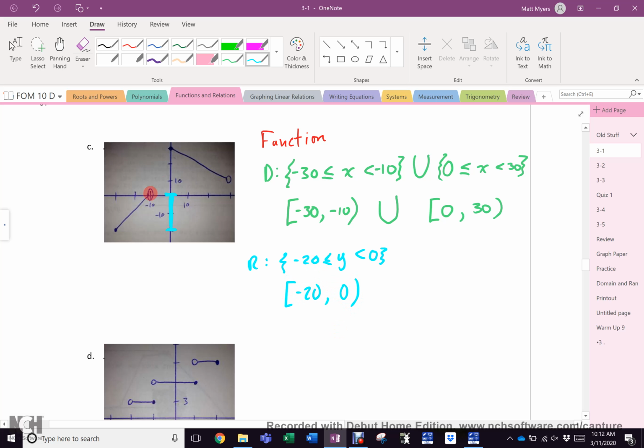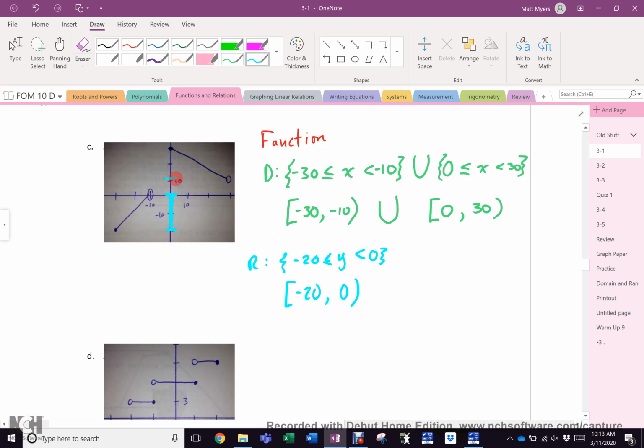Because this 0 value, this point, is not colored in. So the point negative 10, 0 doesn't actually exist on the graph. Negative 10.001, comma, negative 0.001 does exist. You with me? Okay.